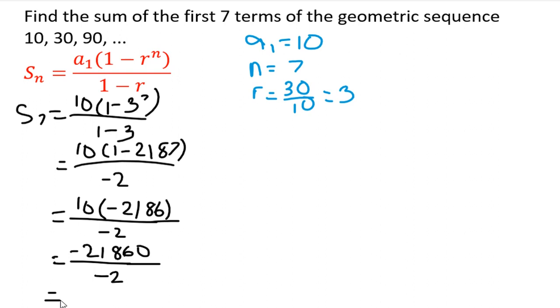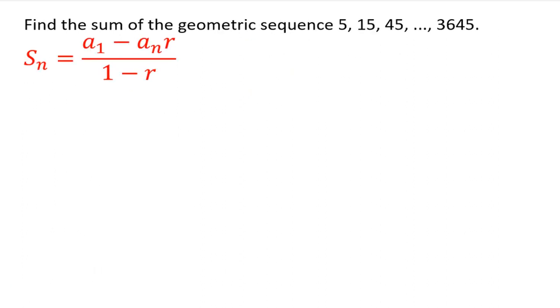And negative 21,860 divided by negative 2 is 10,930. That is 10,930. So, ang 7th term natin ay 10,930. Next, find the sum of the geometric sequence 5, 15, 45 up to 3,645.